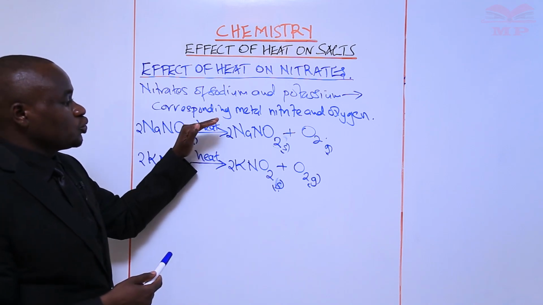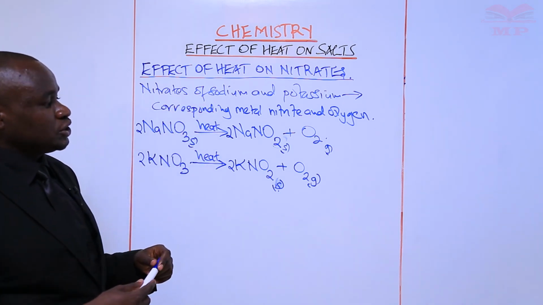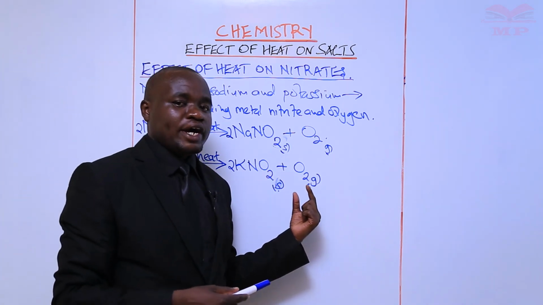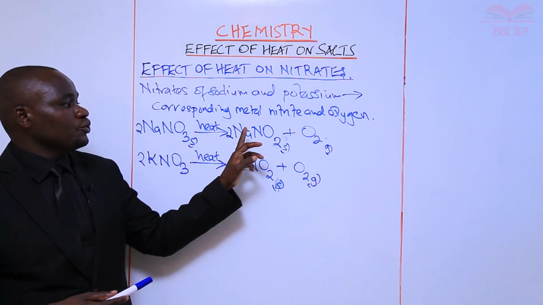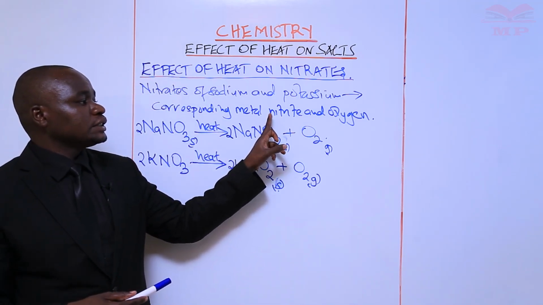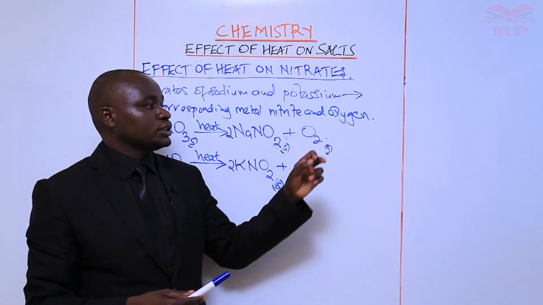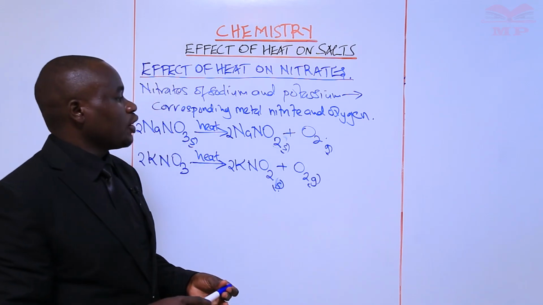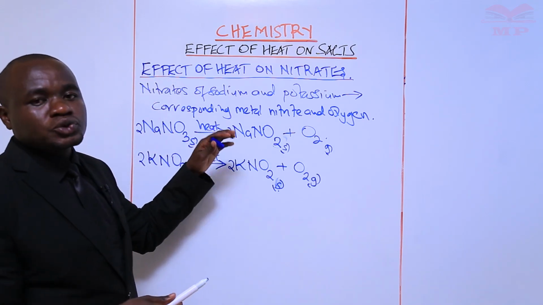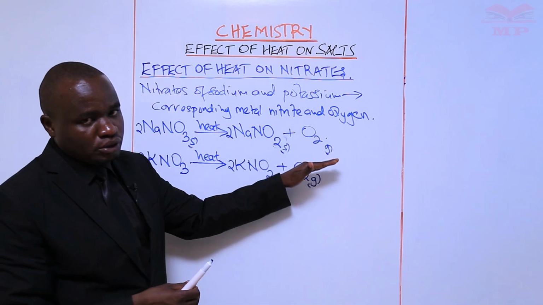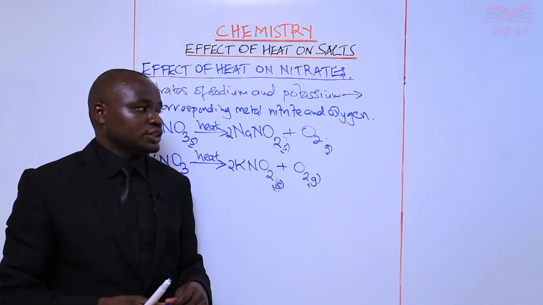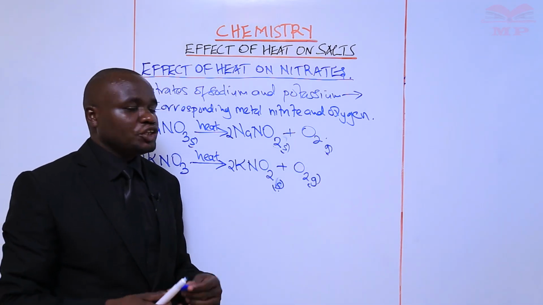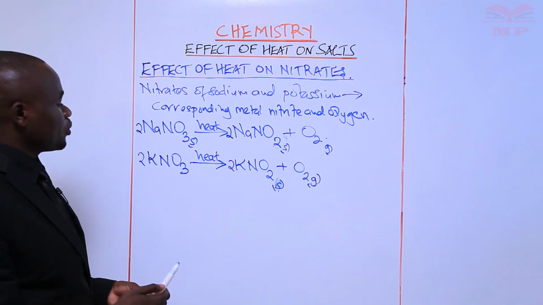These two are at the top of the reactivity series. Therefore, their nitrates decompose to give you a nitrite and oxygen as the only products. What about those elements which are in the middle of the reactivity series? What products do they form when they are decomposed?